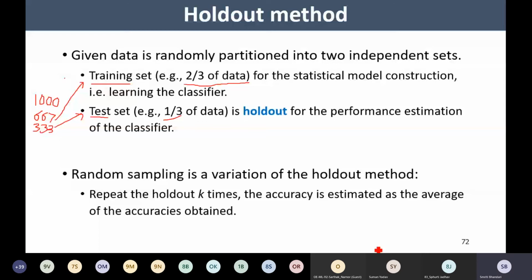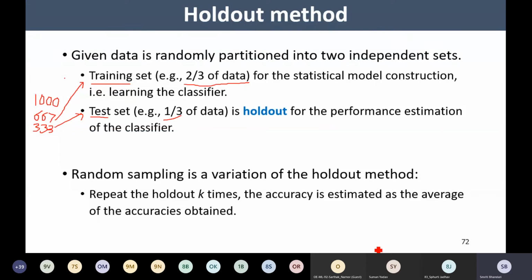And the second drawback is that sometimes our provided data is sparse. That means we have very few samples in the original data set, and I may not have the freedom to partition the data into train set and test set, because originally my samples are very few.